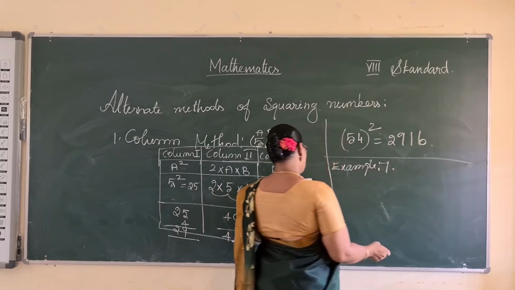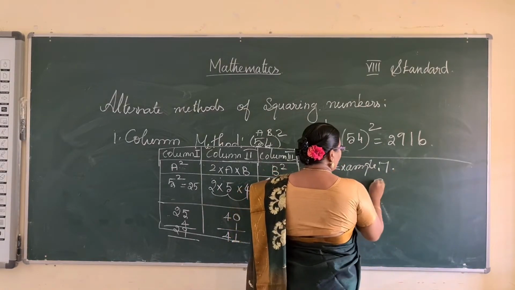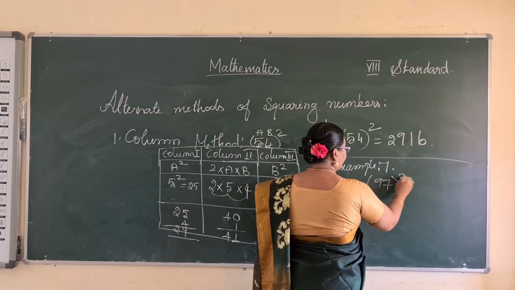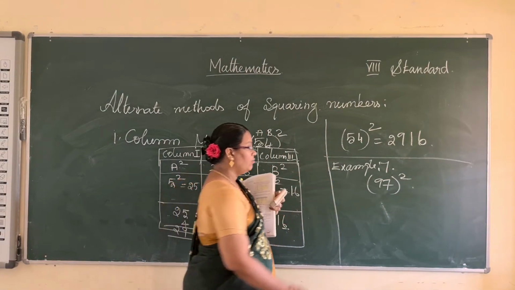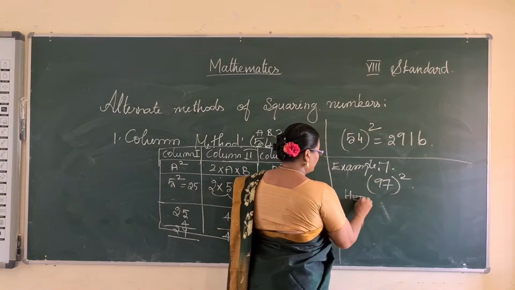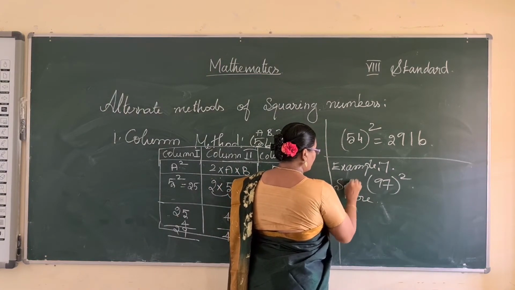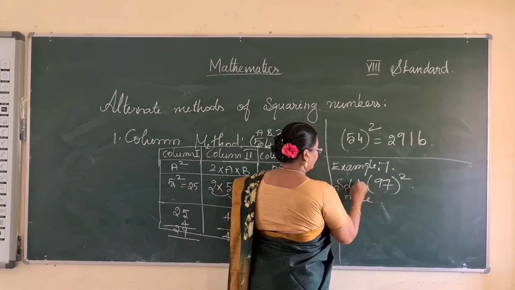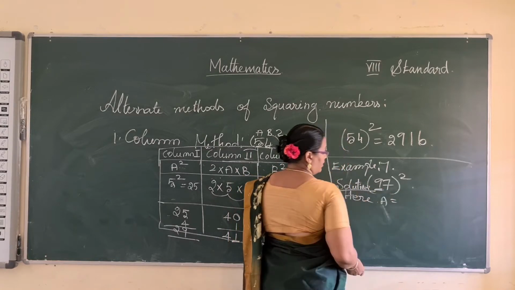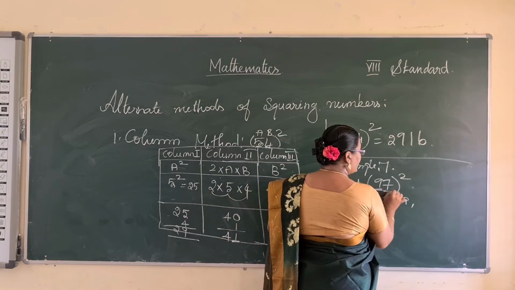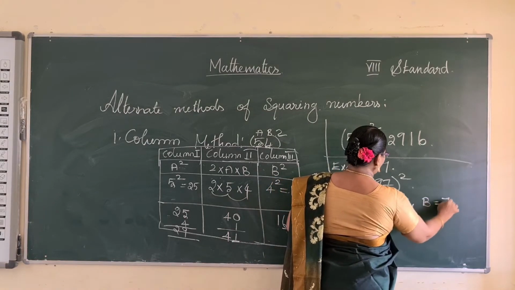Find the square of 97 using the column method. Solution: here a is equal to 9 and b is equal to 7.